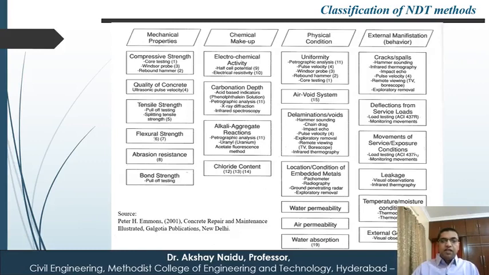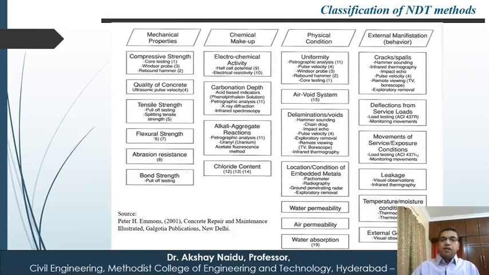Some of these, like flexural strength and split tensile strength, are destructive tests. Even core testing is a partially destructive test. Some of them are non-destructive tests: Windsor probe, rebound hammer, ultrasonic pulse velocity.